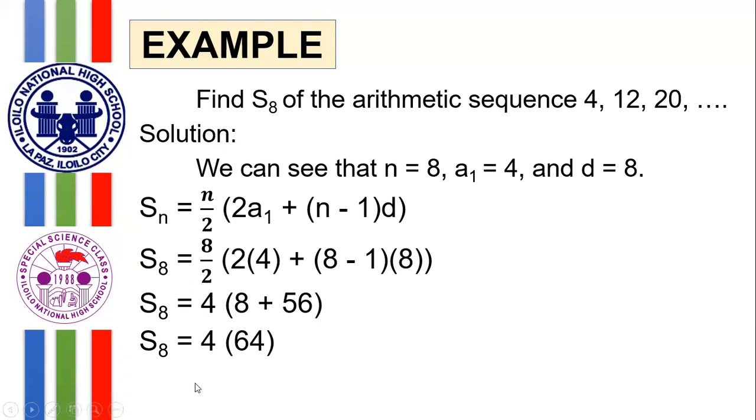And S sub 8 equals 4 times 64, or that's 256. Therefore, if you will list the first 8 terms of this arithmetic sequence and add all of them, expect to get a sum of 256. All right, so far, so good.